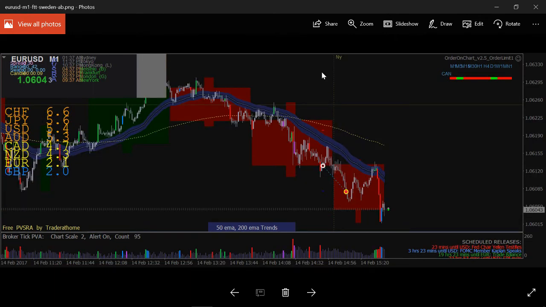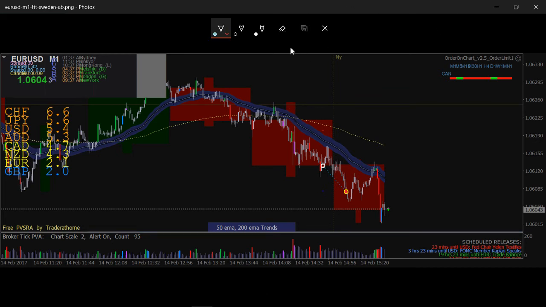This one is also a very good example. What happened here is that you have a series of lower tops. You have a top here, right? Then you have another.